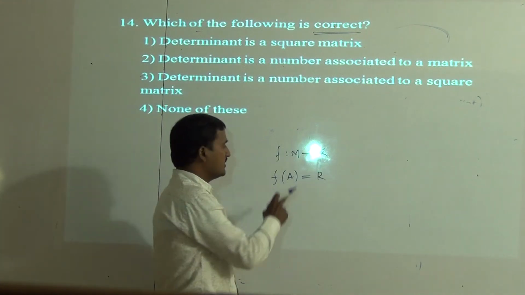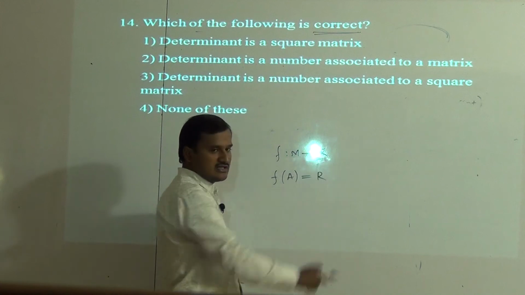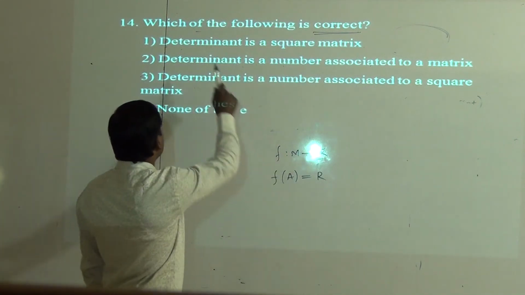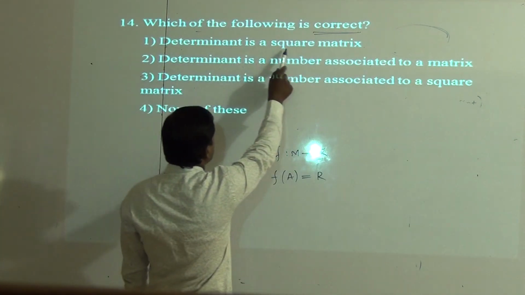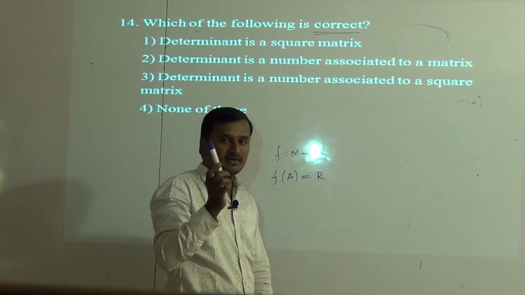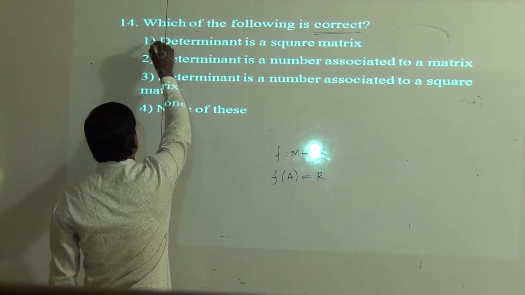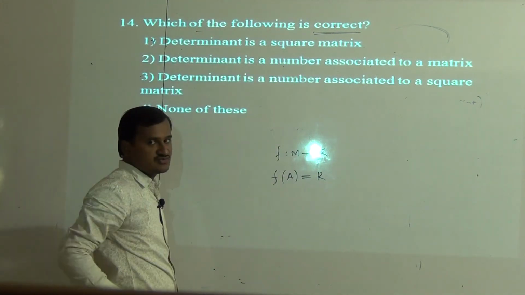So here the domain is the set of square matrices and the codomain is the set of real numbers. So in the first option, determinant is a square matrix. Determinant is not a square matrix. Determinant is a number associated with the square matrix. Therefore the first option is wrong.